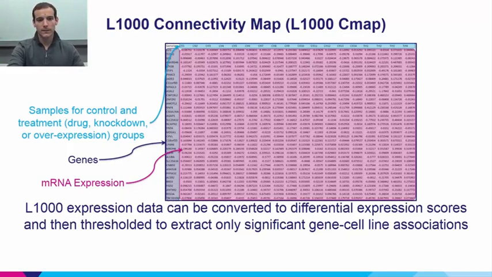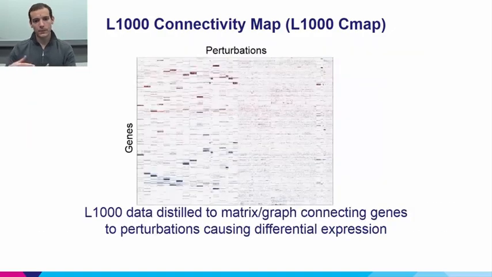Once we have this signature of the differentially expressed genes, we can combine it with many, many different perturbations. And on this next slide, we see a heat map where we get this broad picture of how many different perturbations are related to each other based on the gene expression changes that occur after applying the perturbation.